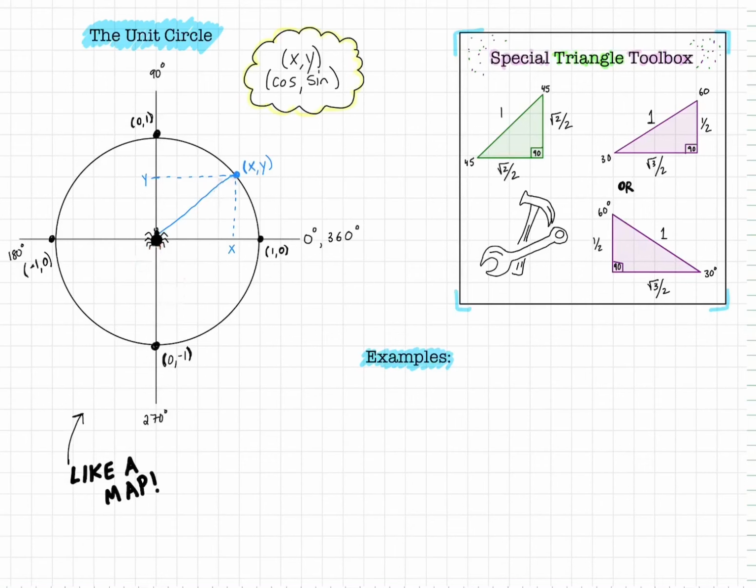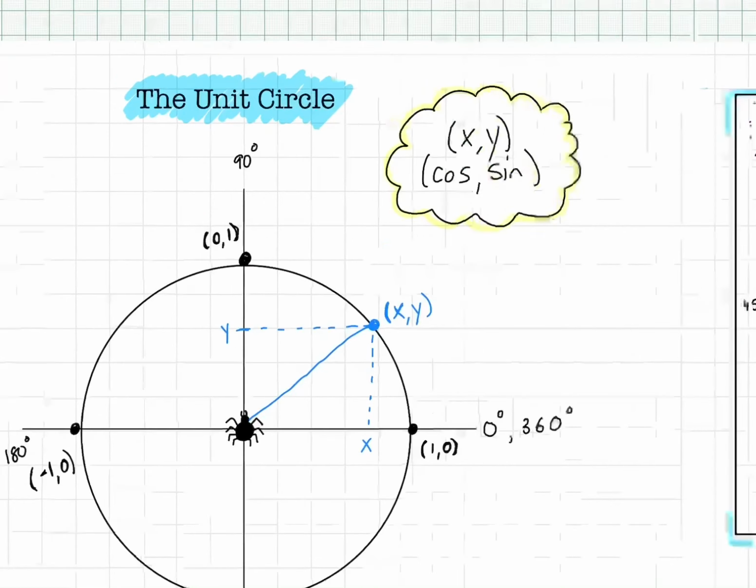I'm going to start, like I said, with the green special triangle, the 45, 45, 90. So we're going to take this idea of the 45, 45, 90 triangle and think about where that's going to be on this circle. I know that this is 90 degrees up here, and this is 0 degrees.